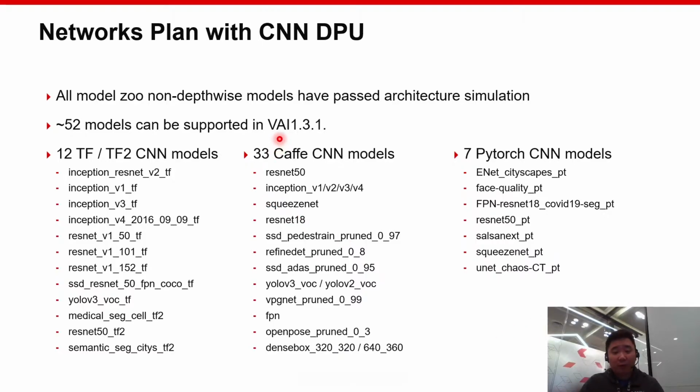Now in Vitis-AI 1.3.1, we have 92 models altogether from Caffe, PyTorch, TensorFlow, and TensorFlow 2 within the Model Zoo, and 52 of them are supported on VCK5000. The rest will be supported in the upcoming Vitis-AI 1.4 release.